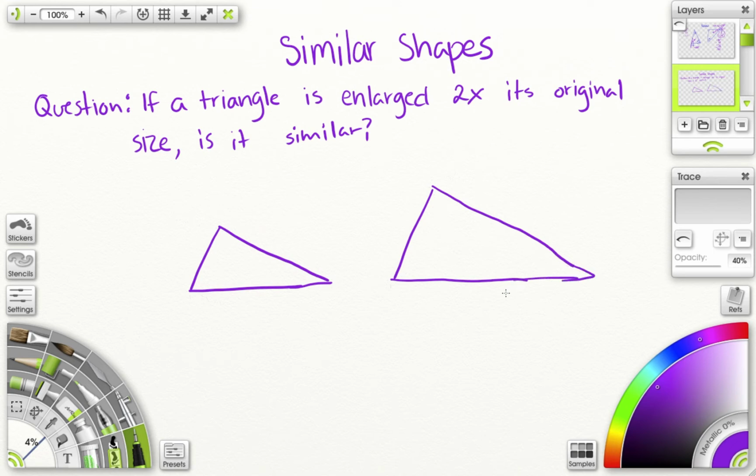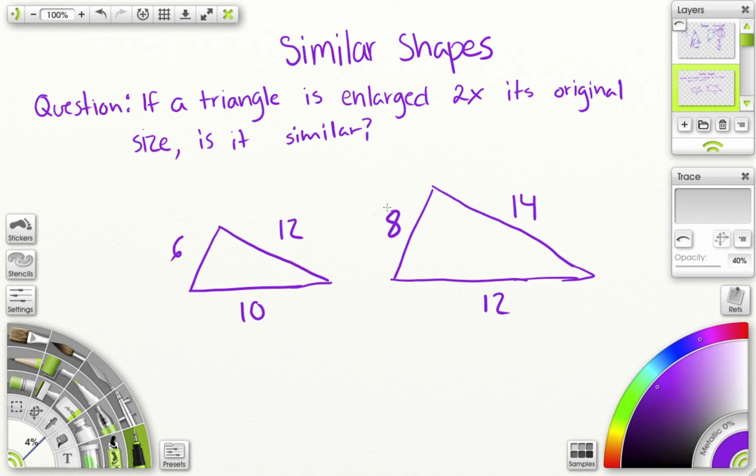Now, just by looks, oh, sure, they look similar, but the only way I can tell for sure is by looking at the side lengths. 12, 6, 10, 12, and I have to determine whether or not these are similar just by using these side lengths.